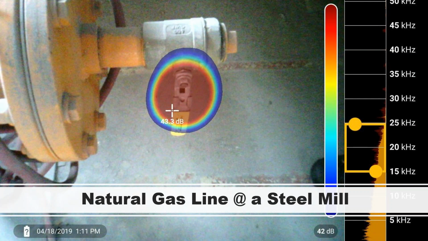I won't mention the large automaker that I visited last summer, but we were able to find a significant natural gas line leak, and it was on a welded brazed connection on a very large pipe, and we were able to see it from about 60 feet away, way up in the ceiling. And it was enough for them to go up on the mezzanine, take a closer look, and get a sniffer out.